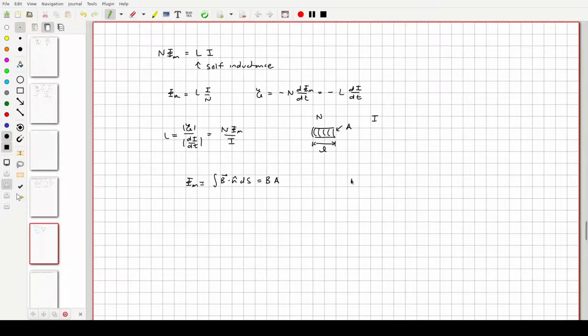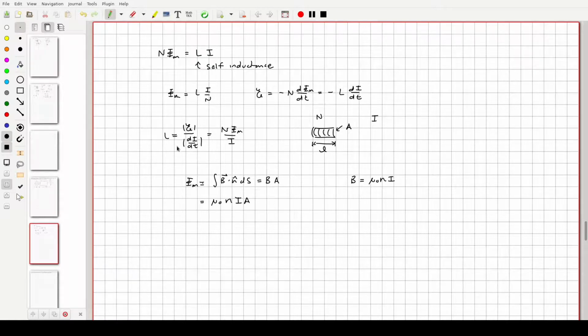Okay. Now, what's the magnetic field? Well, it's a coil, and we know what the magnetic field due to a solenoid or coil is. It looks like mu naught, lowercase n, times I. So what that means is that the flux passing through one of the openings of our solenoid, due to the magnetic field that it has, is going to be mu naught times lowercase n times I times the area.